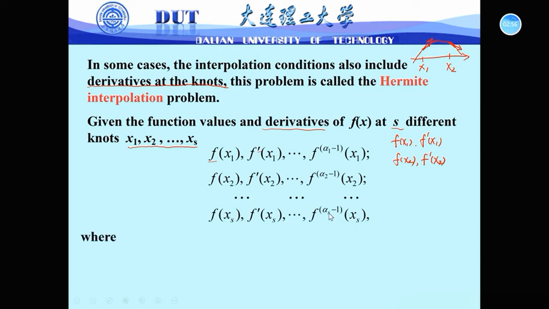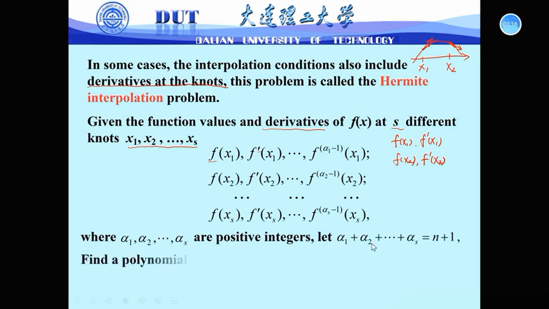So how many conditions do we have? At x1, we have alpha 1 conditions. At x2, we have alpha 2 conditions. At xs, we have alpha s conditions. So we compute the summation alpha 1 plus alpha 2 plus up to alpha s.